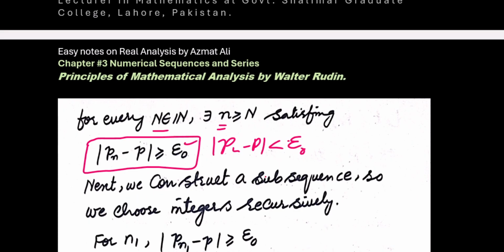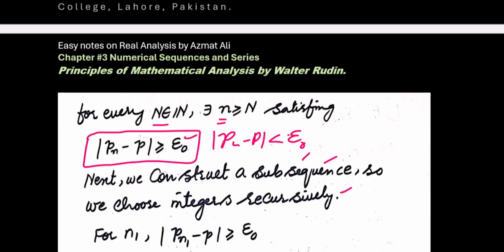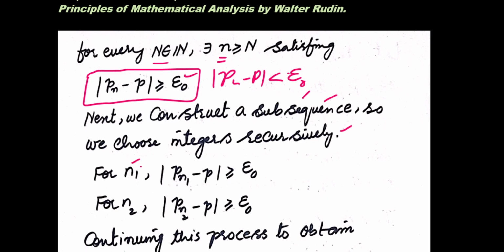Next we construct a subsequence, because we have assumed that every subsequence converges, so I need a subsequence. So we choose integers recursively. Put n equal to n1 here. This becomes |p_n1 minus p| greater than or equal to epsilon naught. When you put n2, this becomes |p_n2 minus p| greater than or equal to epsilon naught, because it is given that this inequality holds for every integer n.